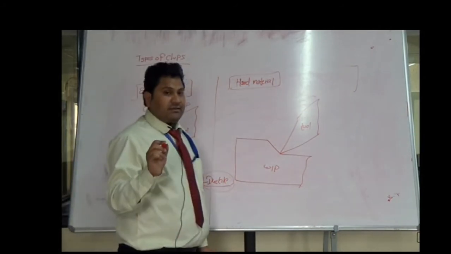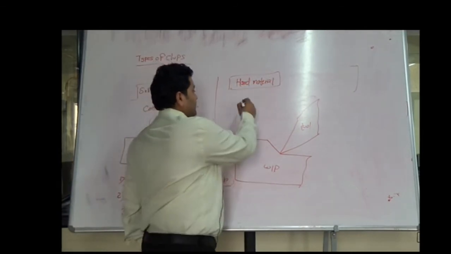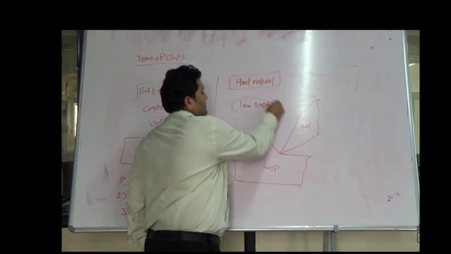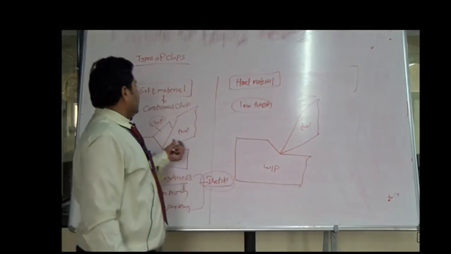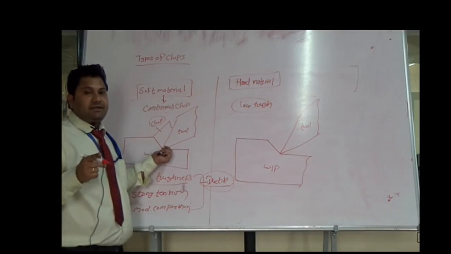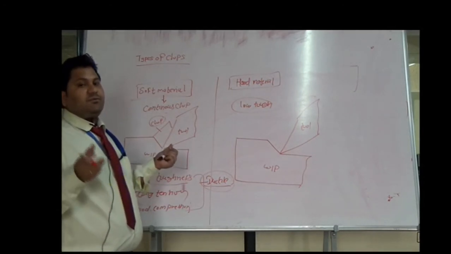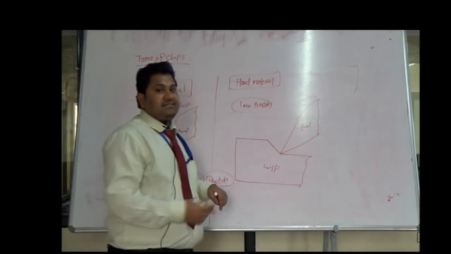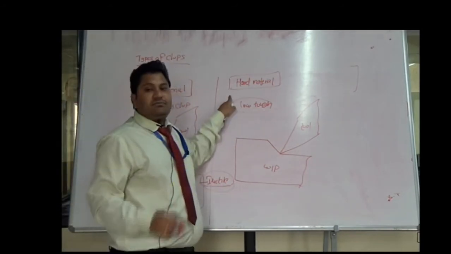Very important: the brittle material has low toughness. Because of this property, unlike the continuous chips, it is the reverse in the case of hard materials.